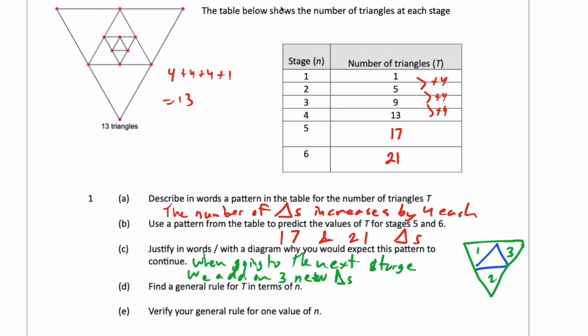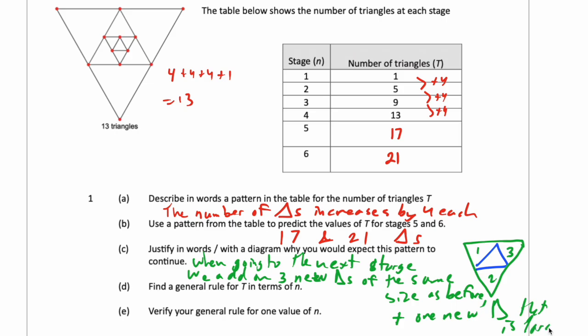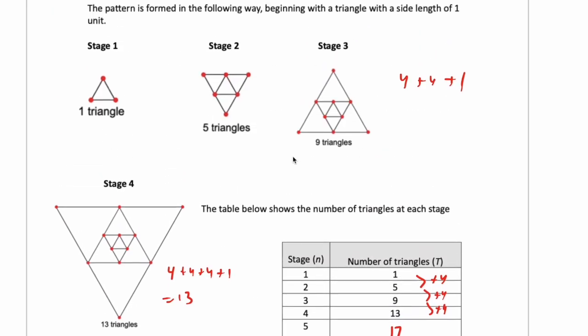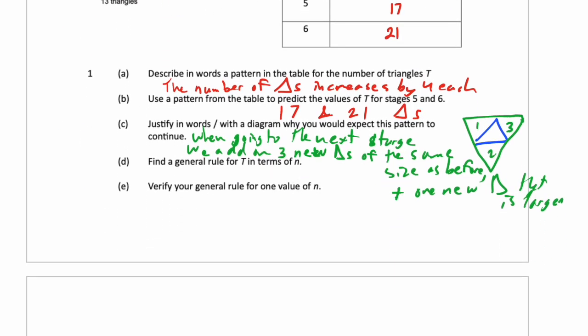We add on 3 new triangles of the same size as before, plus 1 new triangle that is larger. Okay. Next, find the general rule.